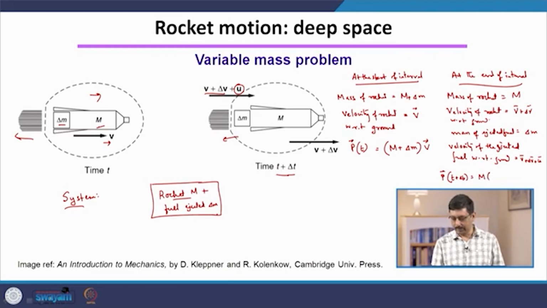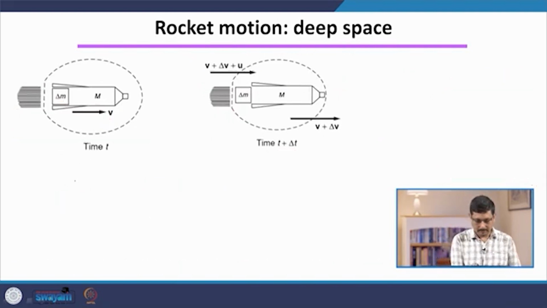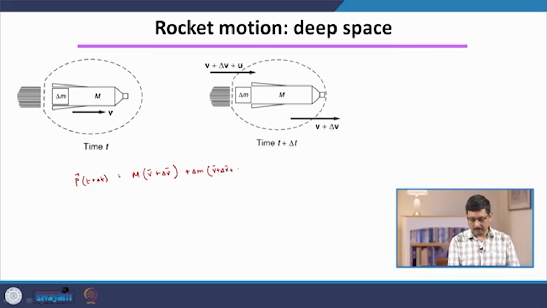So, p at t plus delta t is equal to M times v plus delta v plus delta m times v plus delta v plus u, and p at the beginning of the interval was M plus delta m times v.